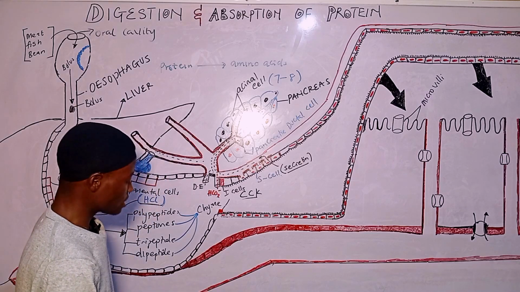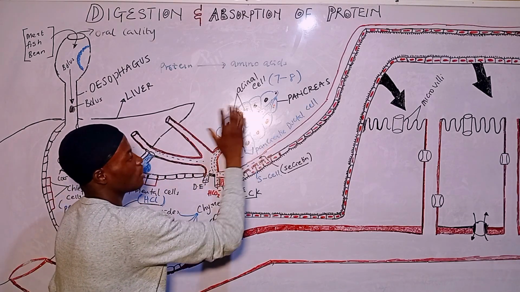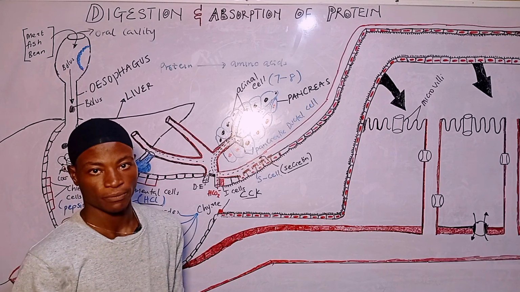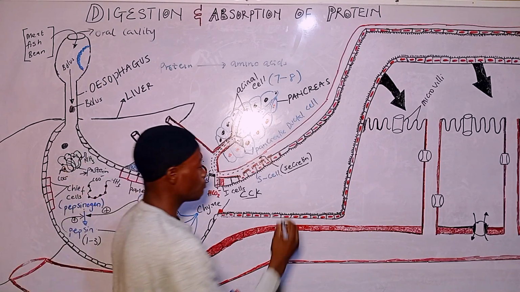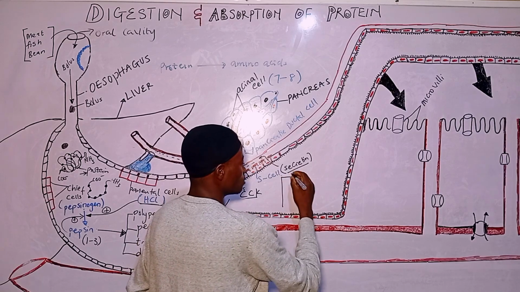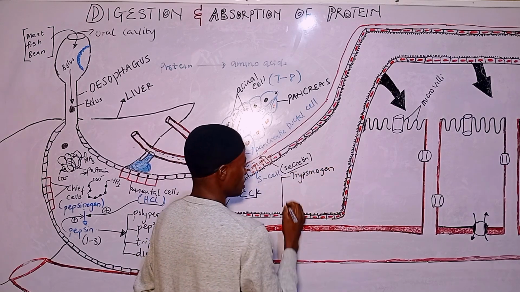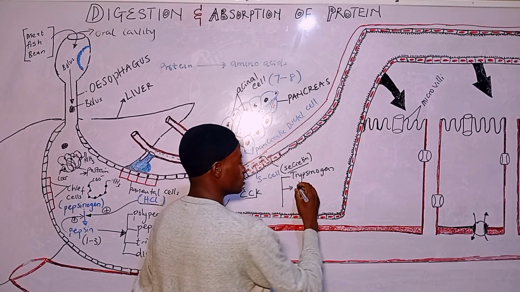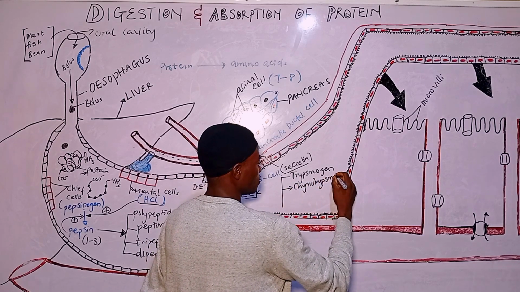Now, one thing I want you guys to understand is that the digestive enzymes that appear in the pancreas are also present in their inactive form, right? And we have 4 of them, or let me say 5 of them. We have the first one, trypsinogen, right? Then the second one, chymotrypsinogen, right?